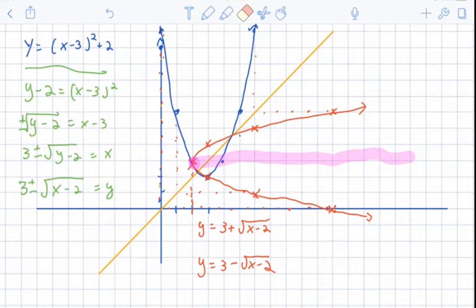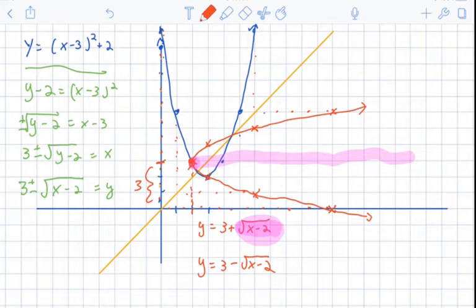So, the next thing to note here is that when x is equal to 2, that's as small as this term gets. So when x is equal to 2, this term in the expression is 0, and y is equal to 3. So you see the vertex point here, the mirror of the vertex, is at x equals 2, y equals 3.